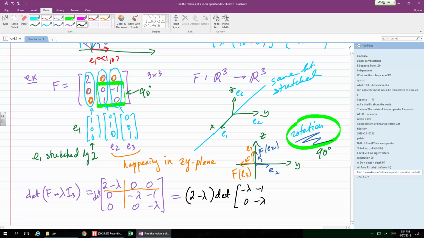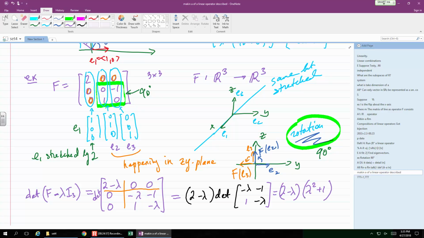I'm sorry, I missed the 1 over there. So minus, no, it's 1, right? So as you can see, what we end up with is 2 minus lambda, and the determinant. This is a 2 by 2 determinant. It is lambda squared plus 1. Okay. So what we discovered by examination, in fact, can be discovered through algebra.